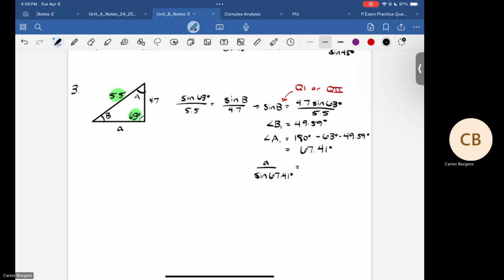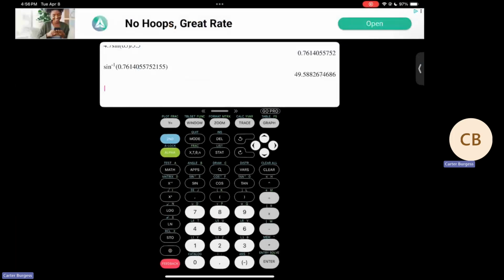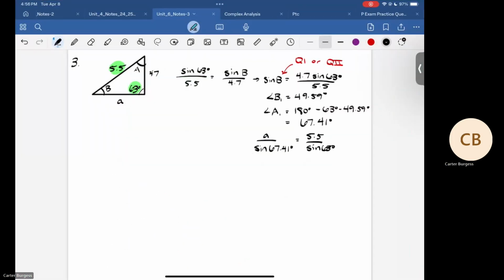to, and we'll use the one that we know, which is 5.5 over sine 63 degrees, which I believe works itself out to be about, well, we'll double check here. So 5.5 sine 67.41 degrees.